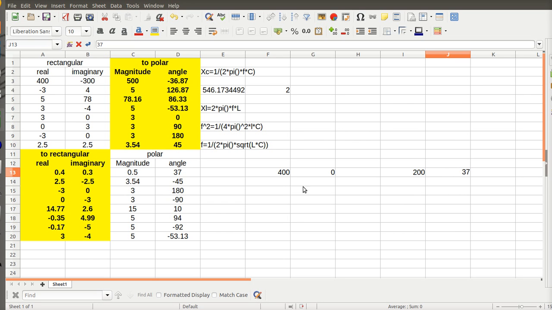So that's my voltage. And I want to change this polar into rectangular. So my voltage drop across my resistor will be 200 volts at an angle of 37 degrees. And this is what it is in rectangular.